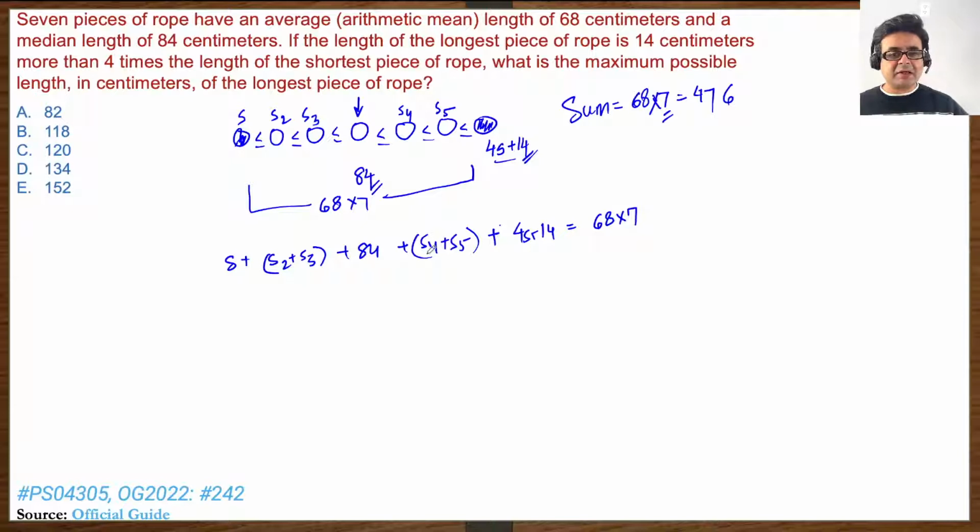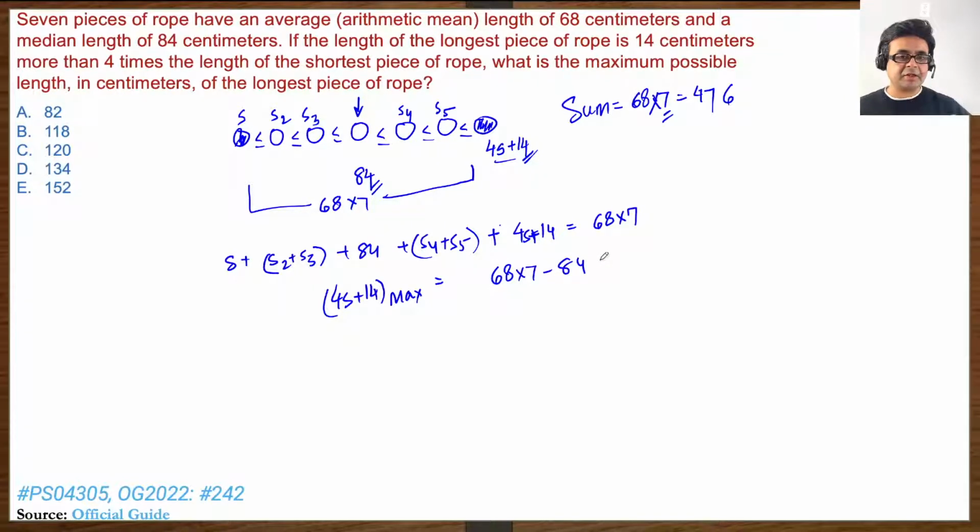And I can rewrite this in a way that makes sense to me, right? But hold on. First, I am going to just write 4s plus 14, which is my maximum value, equals 68 multiplied by 7 minus 84, which is 12 multiplied by 7.